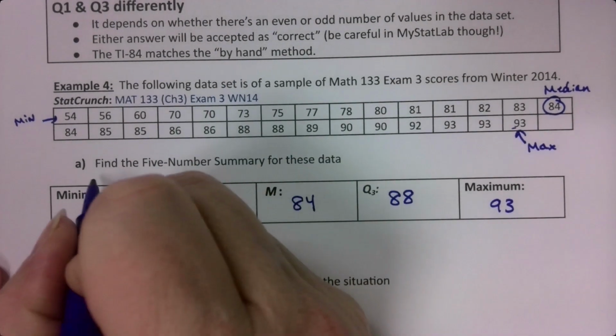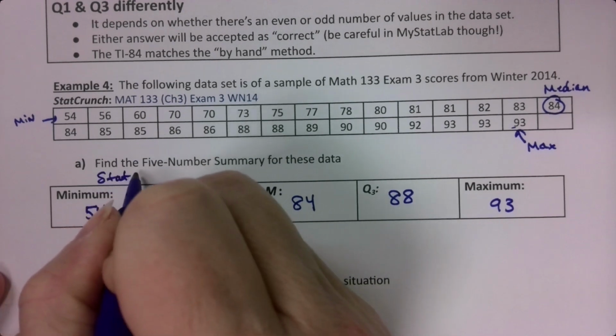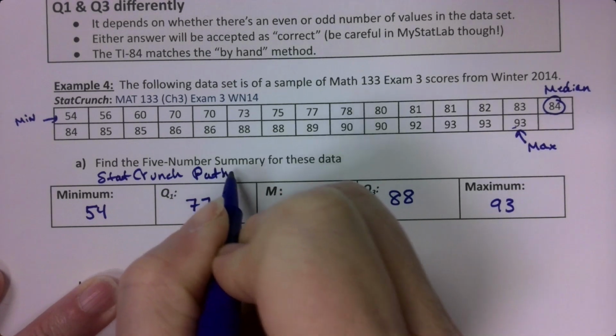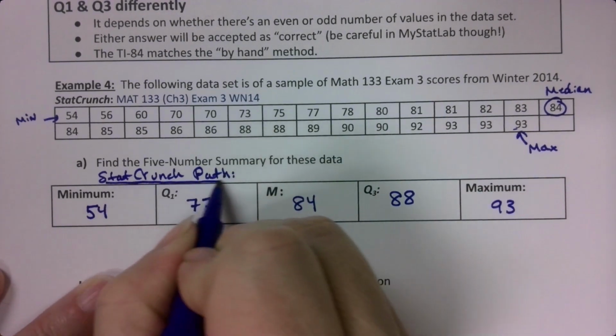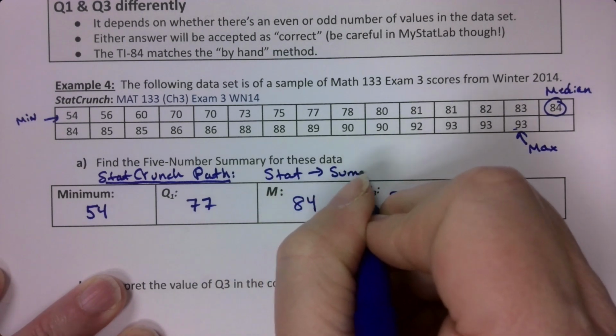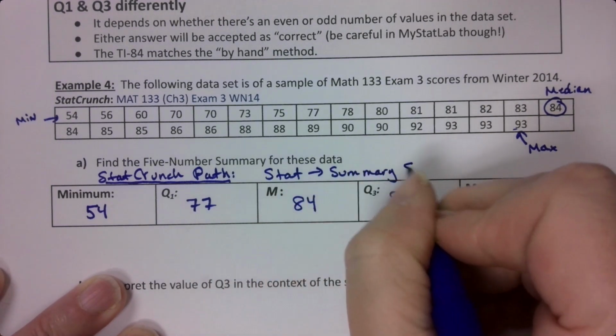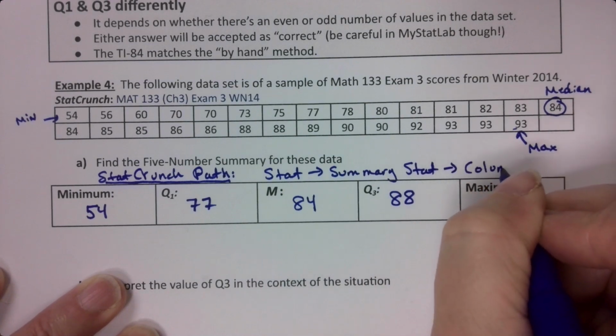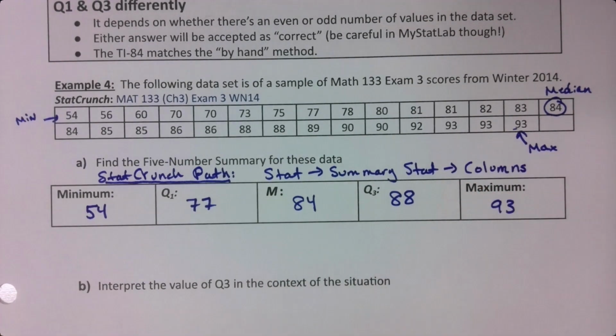Okay, so with StatCrunch, let's write the path. So StatCrunch path one more time. You will definitely have to know how to do this, which is you go to Stat, Summary Stat, Columns, because all this data was a raw data set in one column.